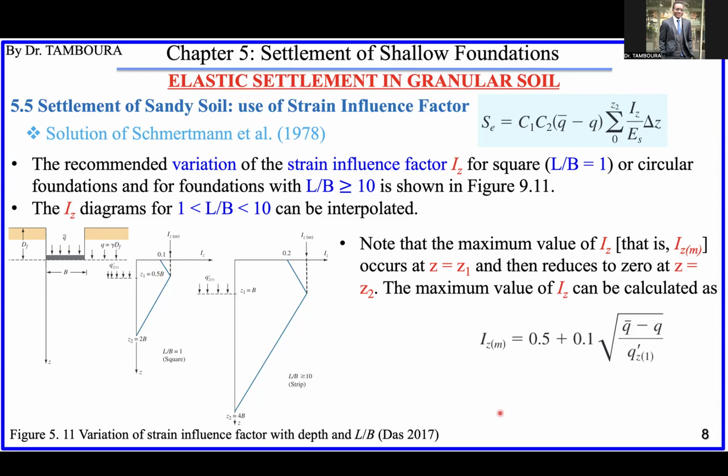And q is just the surcharge. Okay. So for each foundation, we can easily obtain the IZM, the maximum. Okay.